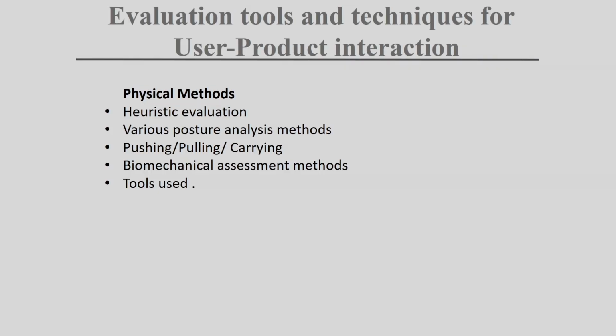So there can be a few methods in the case of physical methods. One is heuristic evaluation. Heuristic evaluation is something called a rule of thumb. As we have discussed in human factors, you should be standing erect or sitting erect, not in a very awkward position.